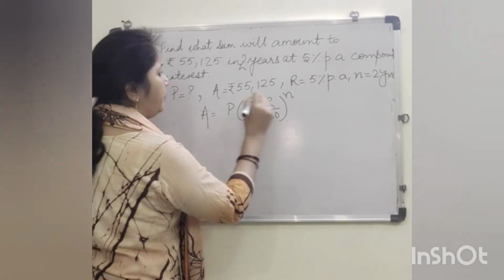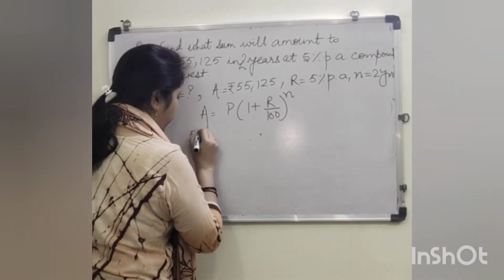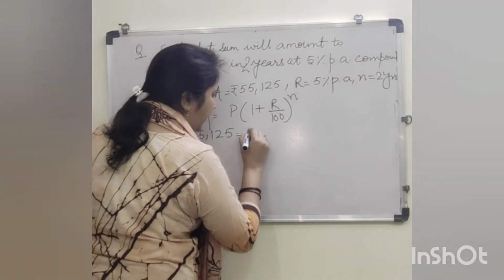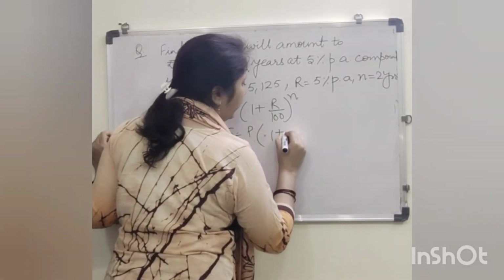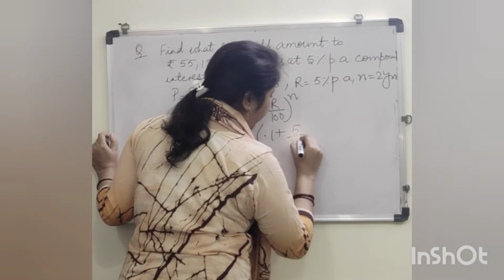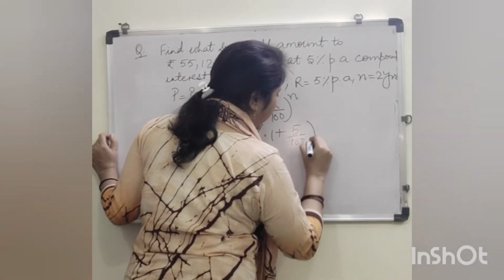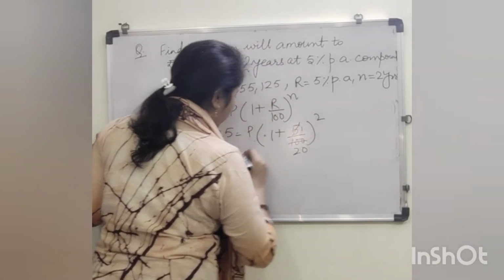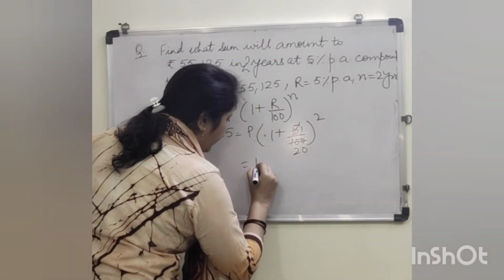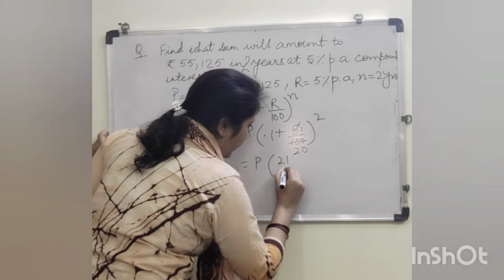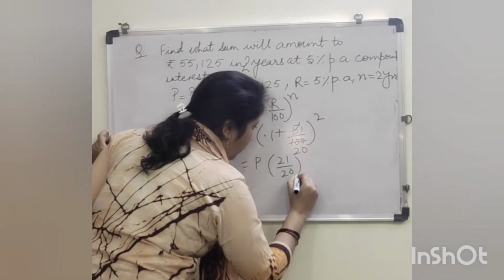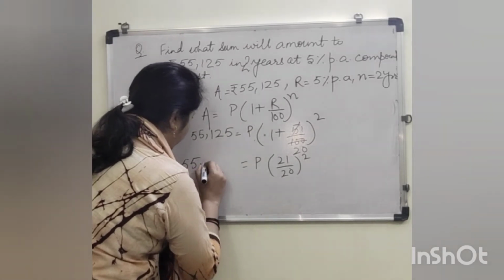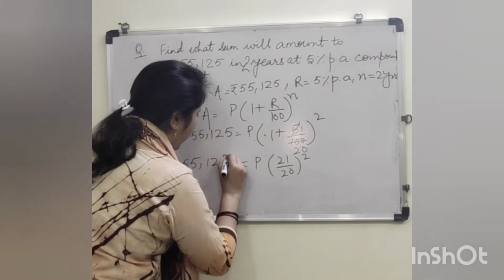Now children, put values. 55,125 is equal to P (1 plus 5 over 100) to the power 2. Cancel by 5, it is 1 over 20. So on this side we get (21 over 20) whole square, and here we have amount as 55,125.